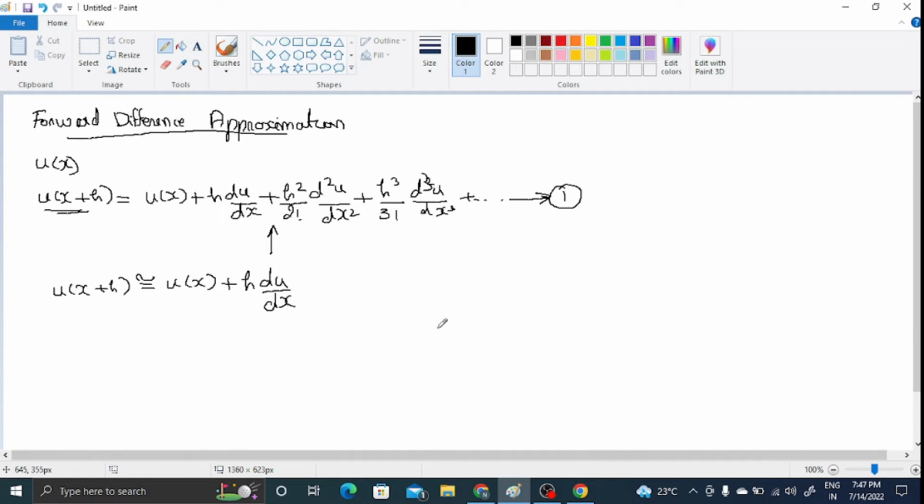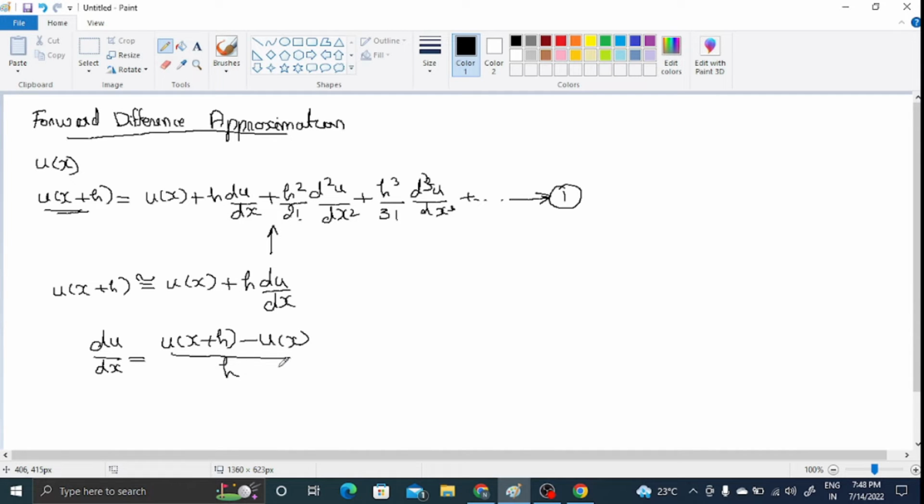Because it's terminated, from this equation I can write du by dx is equal to u of x plus h minus u of x divided by h. Any mistake?